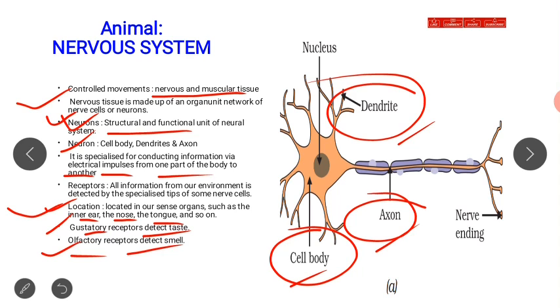They are present in some organs of our body, like ear, nose, skin, eyes, etc. Gustatory receptors detect taste and olfactory receptors detect smell. So I think it is clear to all.